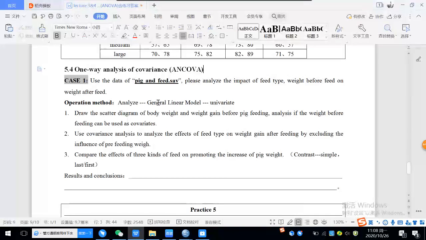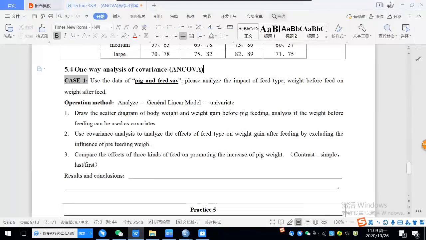Okay, everyone, do you still remember what we have learned? Drinking tea to lose weight. We had one type of tea, and before we drank the tea, we weighed the people and recorded the weight.